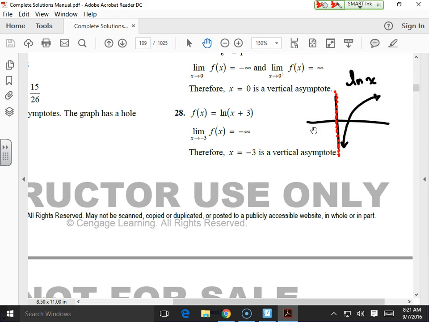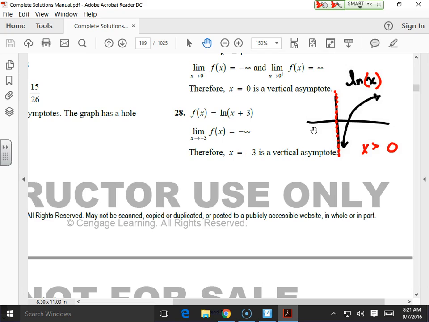Oh, we can have vertical asymptotes for things other than number over 0. Yeah, like ln. But hold on, wait. It was x plus 3. That means it shifts 3 to the left, or another way of looking at it is, when is x plus 3 zero? Remember the domain problem from pre-cal: with ln, whatever's inside has to be greater than 0.